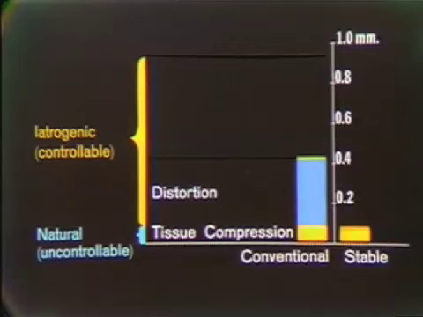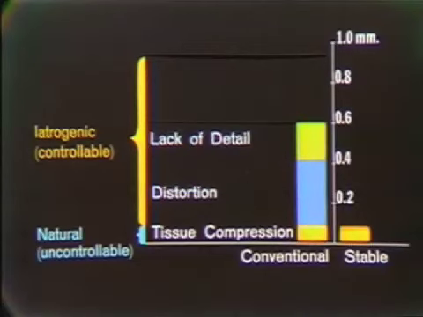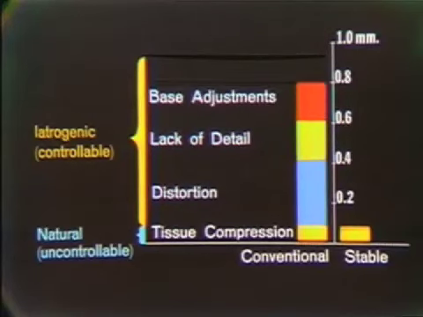Another factor would be a lack of detail in the impression procedure, as we have explained in this segment. Also, from sore spots, from movement of the base and so on, we would have probably base adjustments where grindings have been made on the inside of the base, and this would also add to an inaccuracy and base movement.